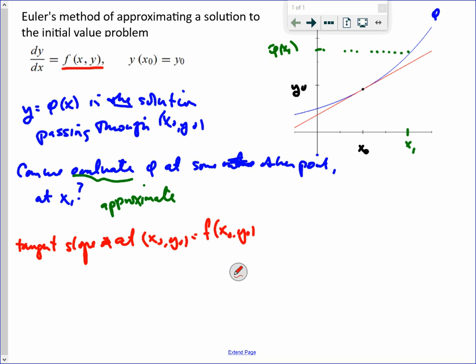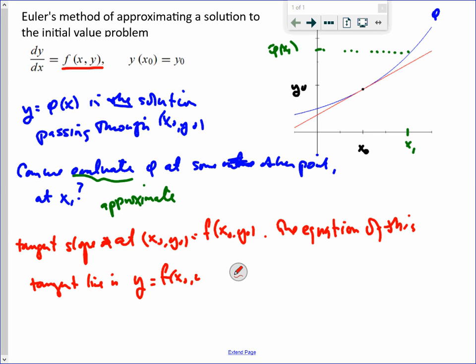And we can use the tangent. The equation of this tangent line is y equals, well, it's the slope, f of x0, y0, times x minus x0 plus the y coordinate of the point we know.